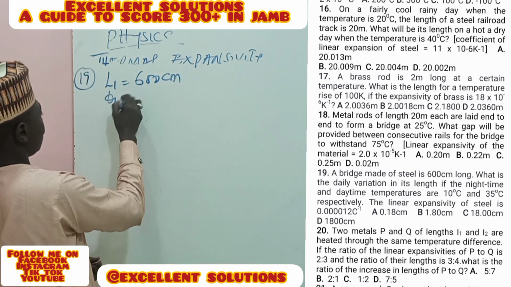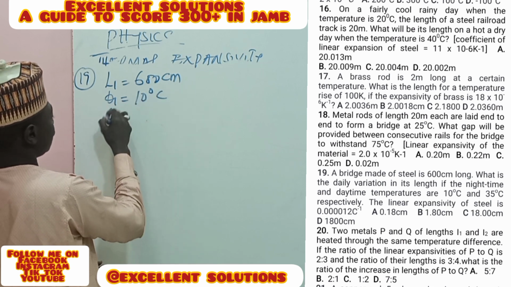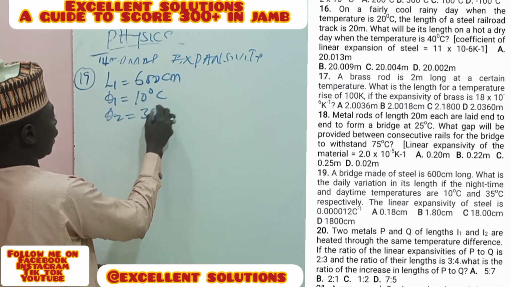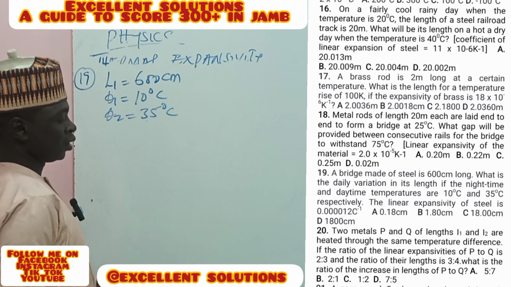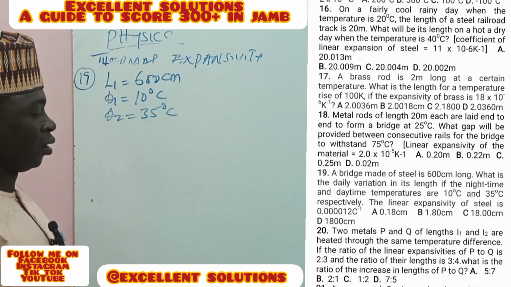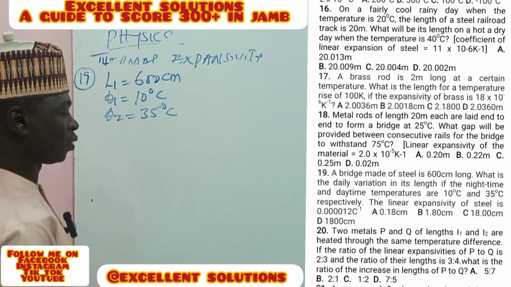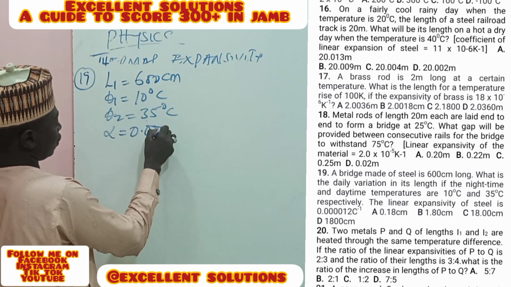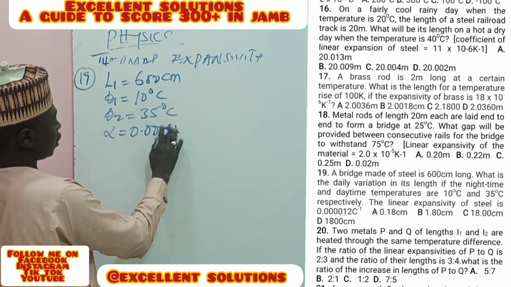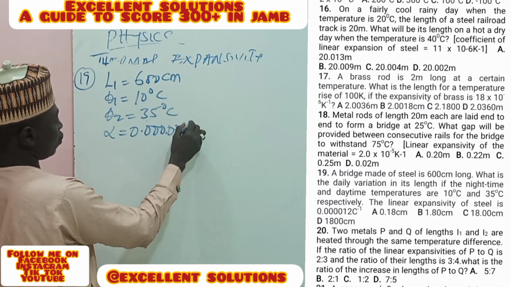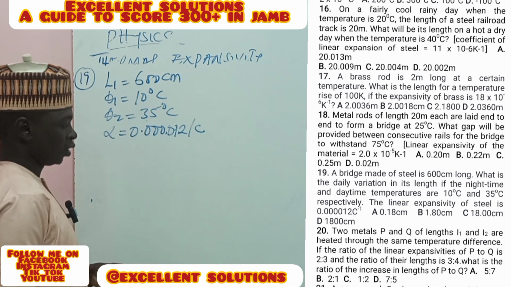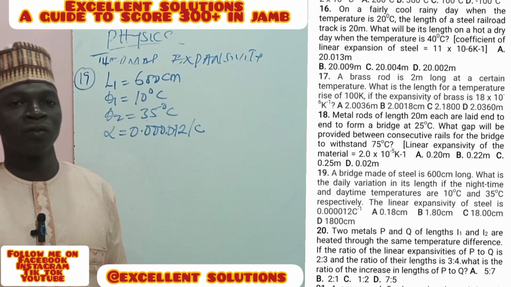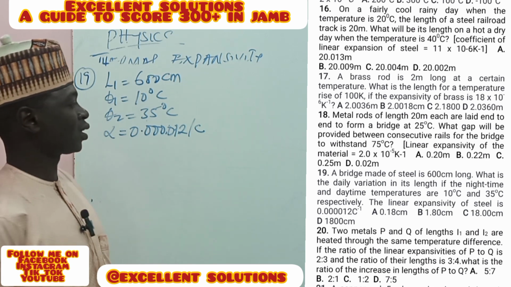So theta 1 equals 10 degrees Celsius, theta 2 equals 35 degrees Celsius. Linear expansivity of the steel is 0.00012, so alpha equals 0.00012 per degree Celsius. We are asked to look for the variation, which is the extension.